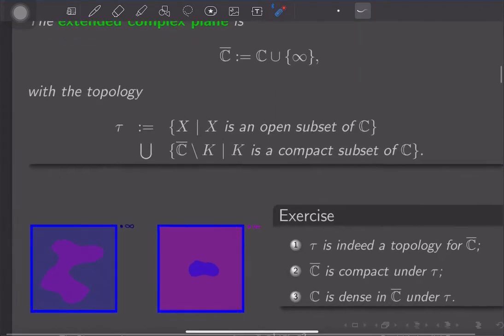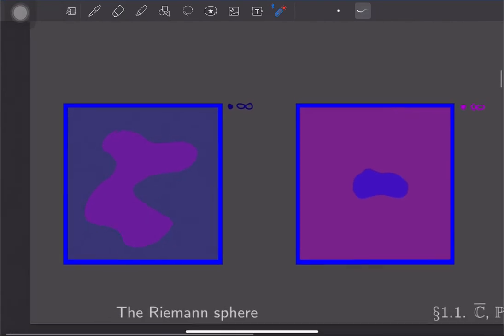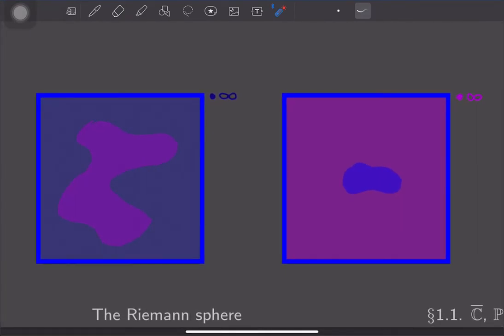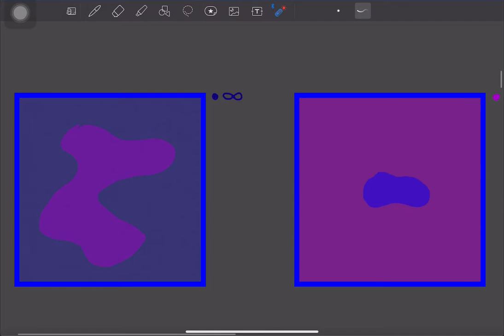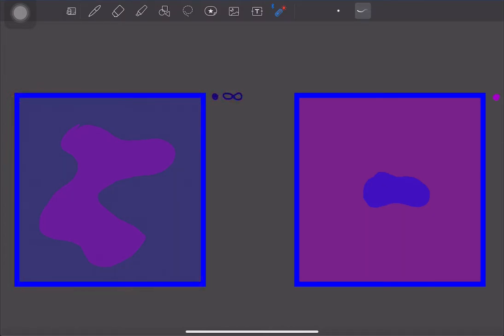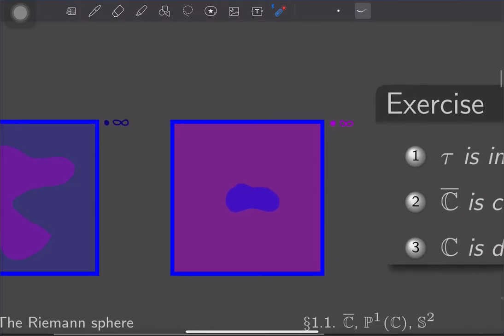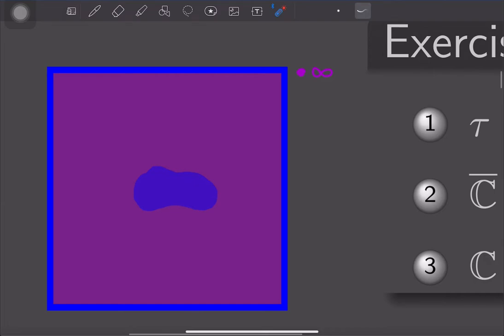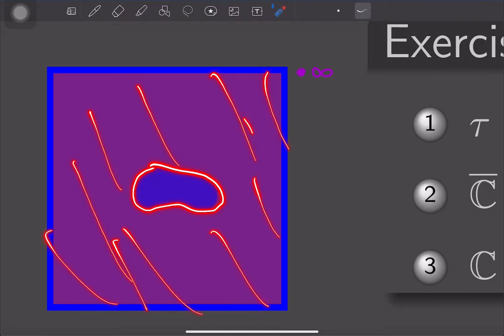Right? And so this is meant to sketch that situation. Here, as you see, I am sketching the complex plane, and then here the point at infinity outside, and here I have my open subset of C, and in this other case I take a compact subset of C, and then the corresponding open set is all of this, including the point at infinity.